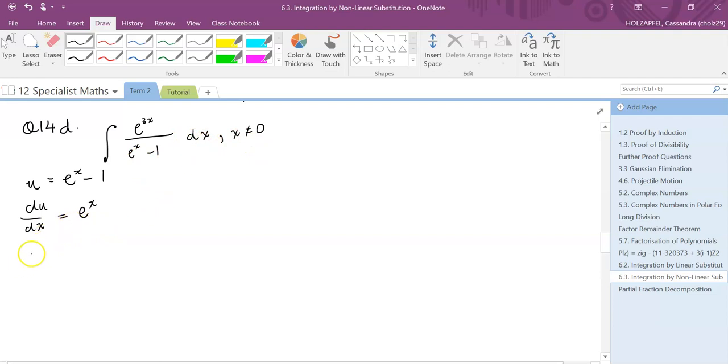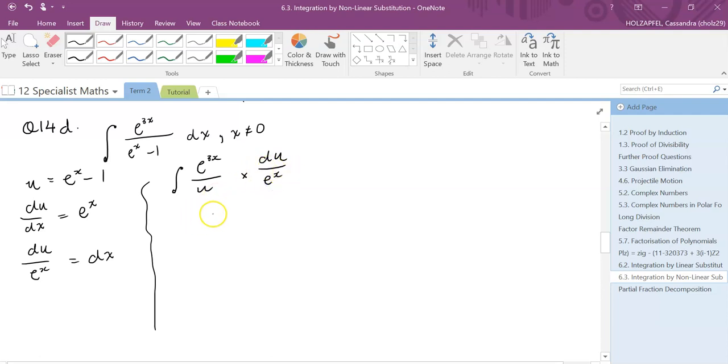If I rearrange this, du over e to the power of x is going to be equal to dx, and so now I can substitute this value in as well. And so that is going to give me the integral of e to the power of 3x over u multiplied by du over e to the power of x.